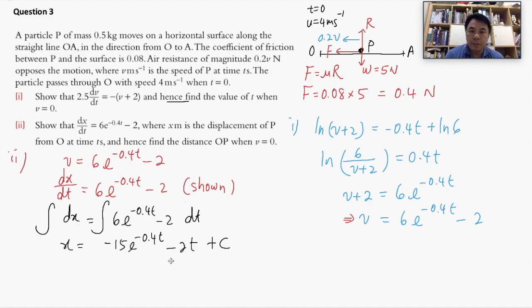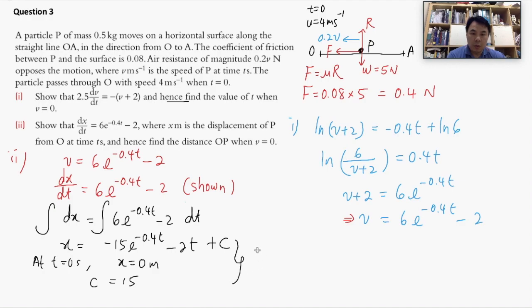Okay. So before we can get going, we're going to make use of our mechanics information here. At time t equal to 0 seconds, displacement is equal to 0 meters. So we're going to substitute that. Therefore, c will be equal to 15.